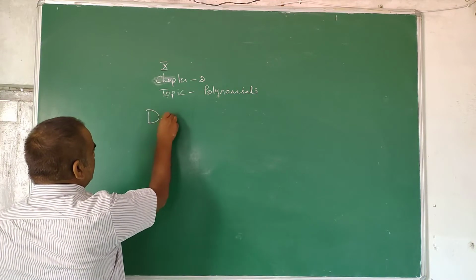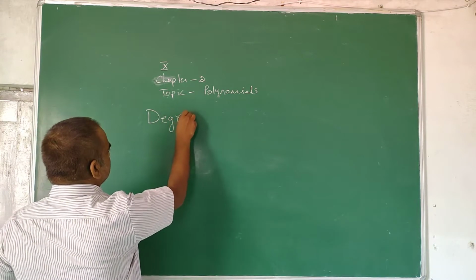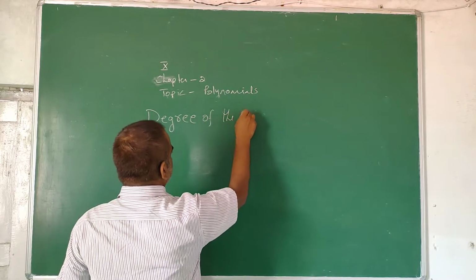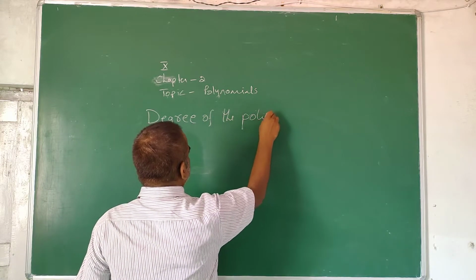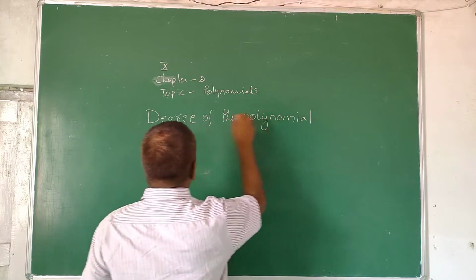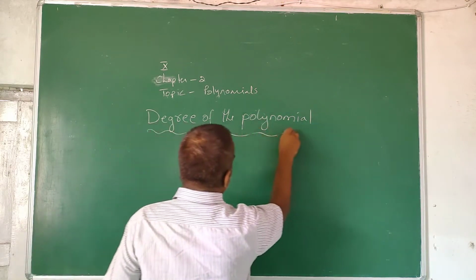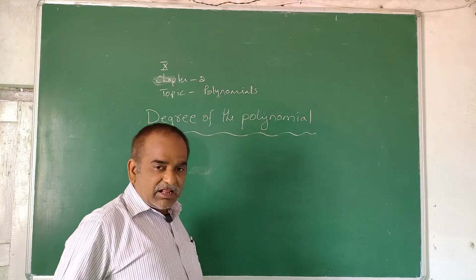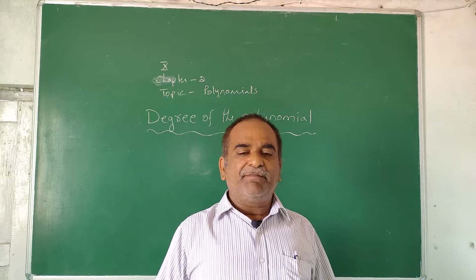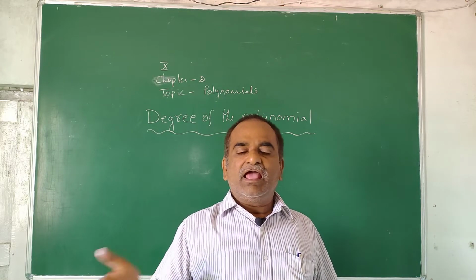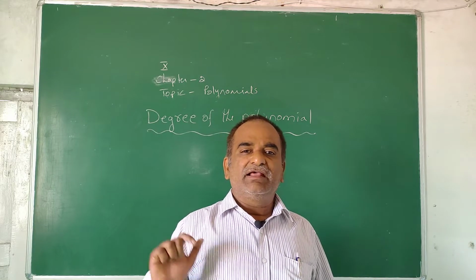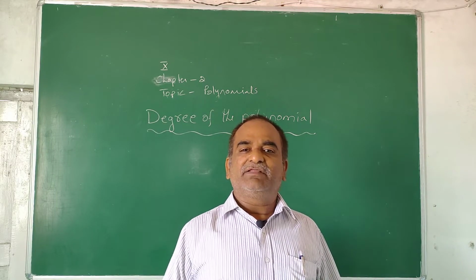degree of the polynomial. The highest power of x appearing among the terms in the polynomial is known as degree of the polynomial.